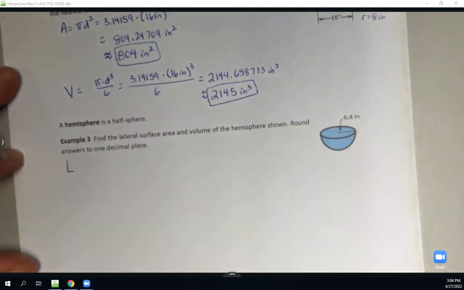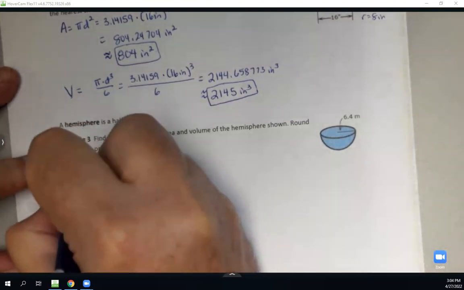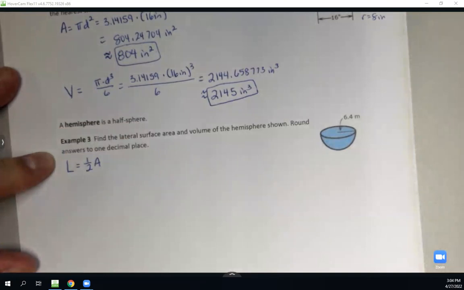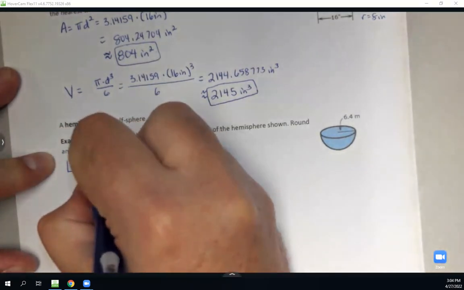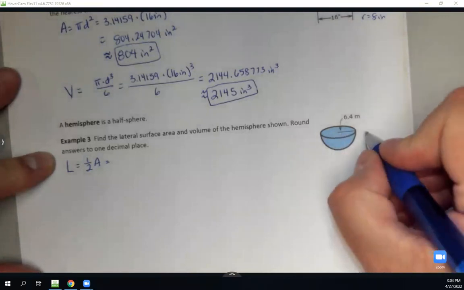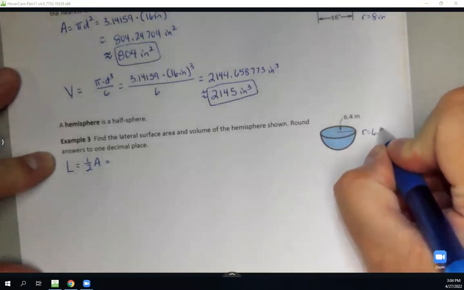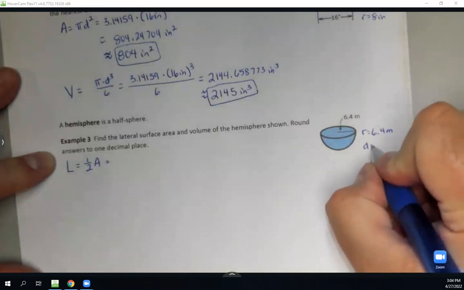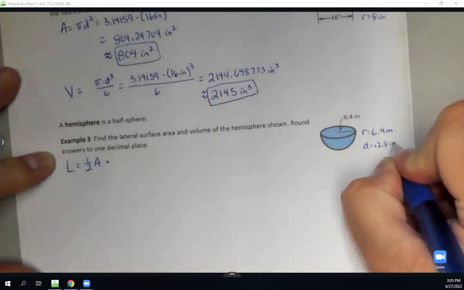So the lateral surface area is going to equal 1/2 of the whole area. So that's going to equal, like in this particular case, we know the radius. So the radius is 6.4 meters. Now, by the way, that would mean the diameter is 12.8 meters.